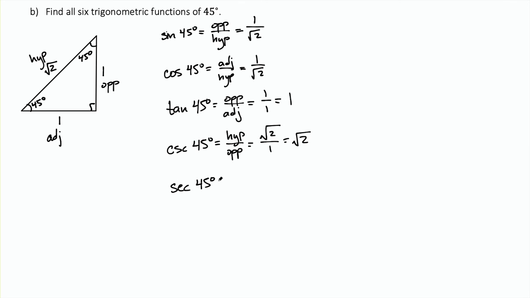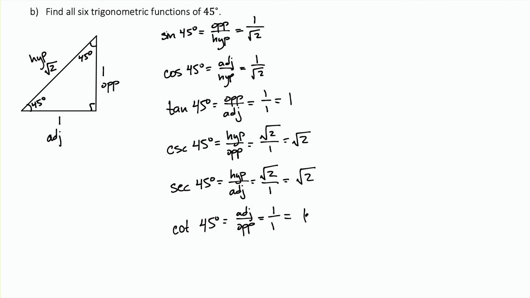Secant of an angle is hypotenuse over adjacent, which here is root 2 over 1, which is also root 2. And cotangent of an angle is adjacent over opposite, which here is 1 over 1, which simplifies to 1. So those are our 6 trigonometric functions of 45 degrees.